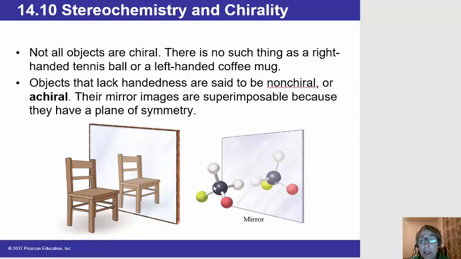And also if we look at this molecule, also a simple molecule with carbon in the center with 4 single bonds, this is not a chiral molecule. Let's take a look at it. If I take this mirror image, put my black carbon here, put my red carbon here, put my yellow carbon here, so those are all superimposed, then my 2 white carbons will be superimposed on one another.